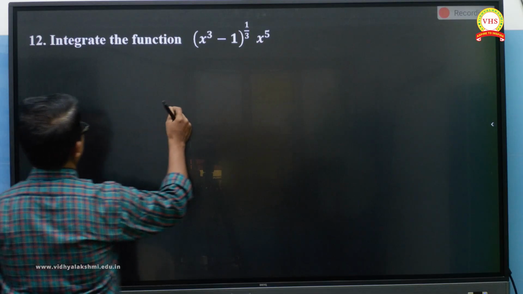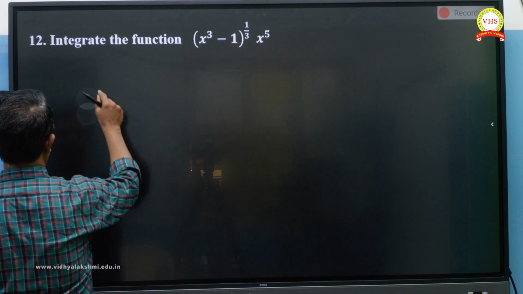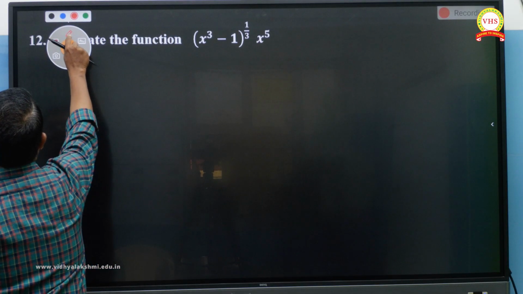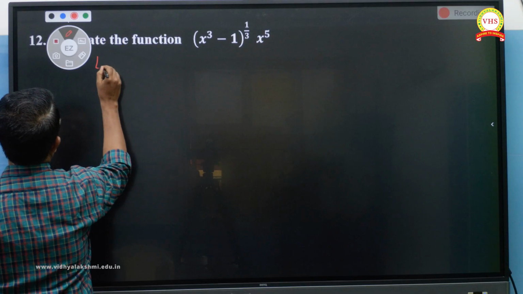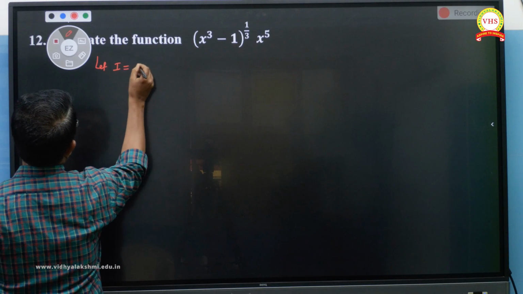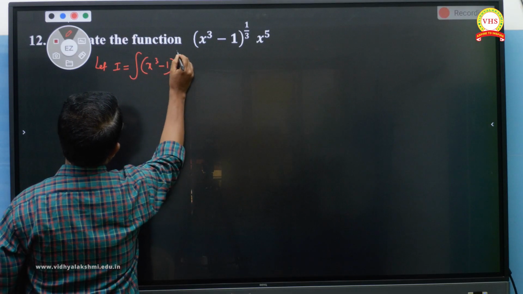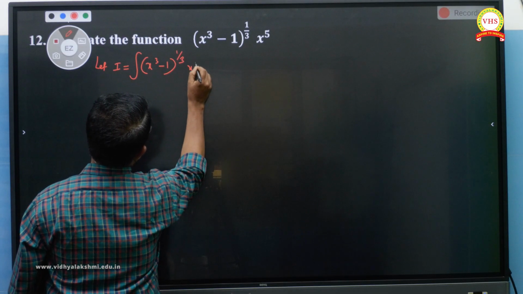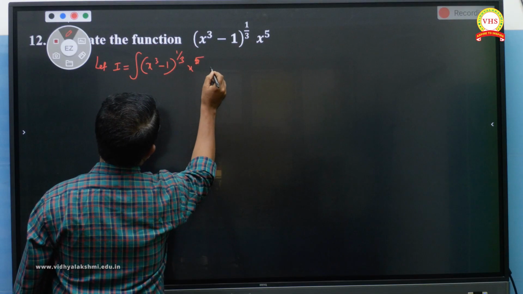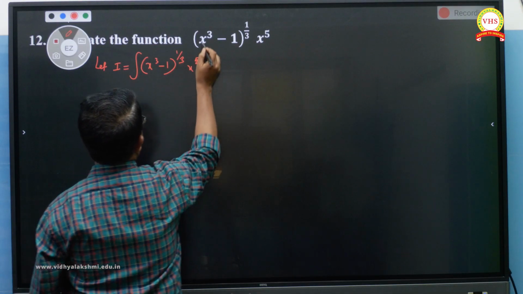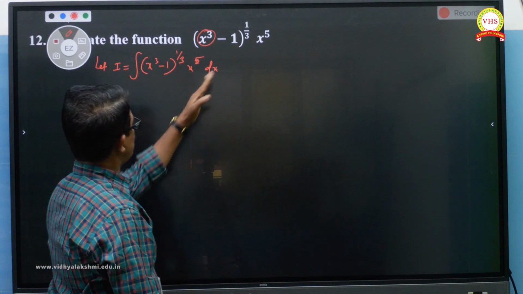Now the integration. Let I equal the integral of x cube minus 1 whole power 1 by 3 into x power 5 dx. Now look at this: inside x cube, outside x power 5.